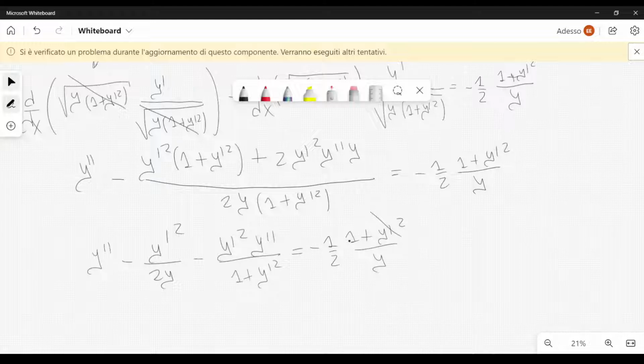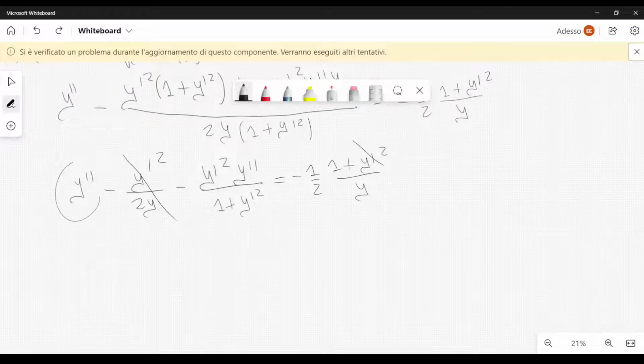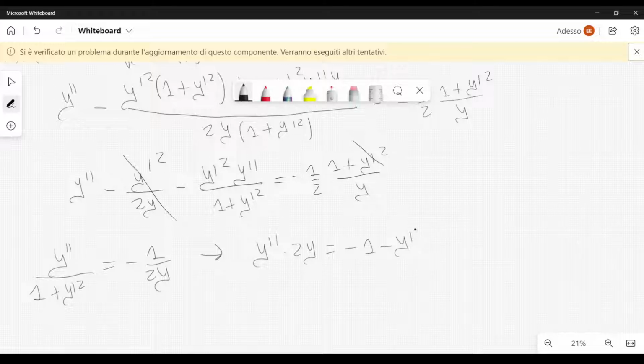This term here on the right will simplify this one. If you put this together with this, you have y double prime divided by 1 plus y prime squared equal to minus 1 over 2y, and you can rewrite this as y double prime times 2y equal to minus 1 minus y prime squared, and this can be rearranged as 1 plus 2y y double prime plus y prime squared equal to 0.